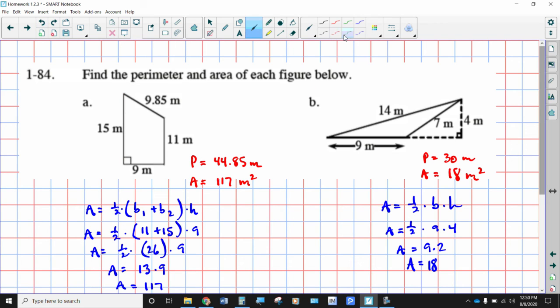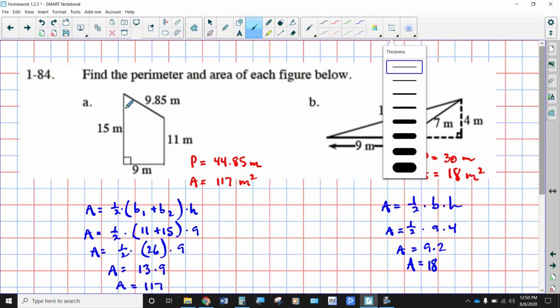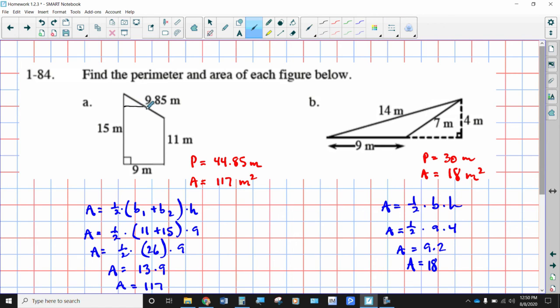So what does it mean to find the average of the two? Well, let me draw a little line right here. If I were to cut this piece off right there, that would be 2 meters that I would cut off, and I would add that onto here. So this becomes 13, and this becomes 13, and you notice that this shape now is a rectangle. This becomes 13 by 9, right? 13 meters this way, 9 meters this way.